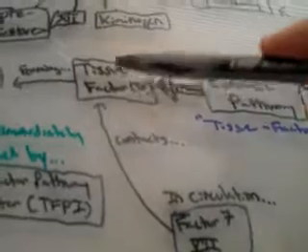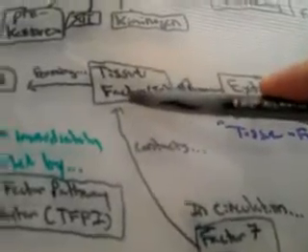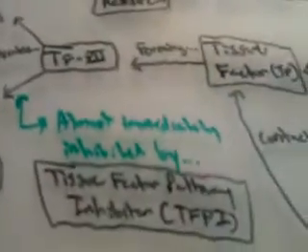Factor 7, which is usually found in circulation, contacts the tissue factor. So this is how the extrinsic pathway first begins. Factor 7 contacts the newly released tissue factor in the bloodstream, forming tissue factor 7, or abbreviated TF, Roman numerals 7.